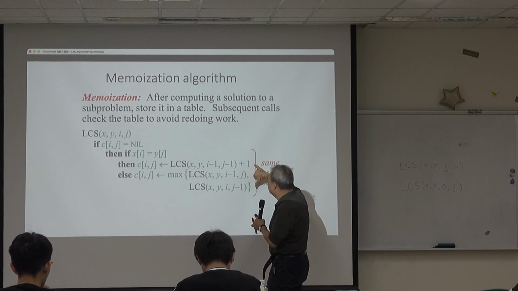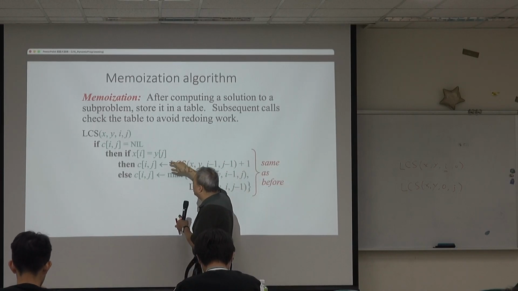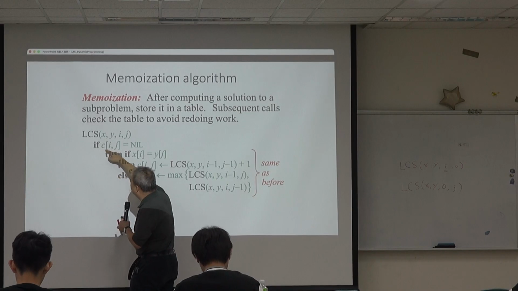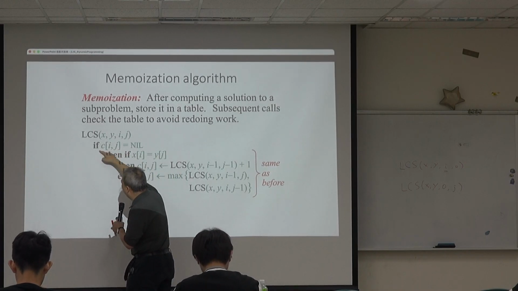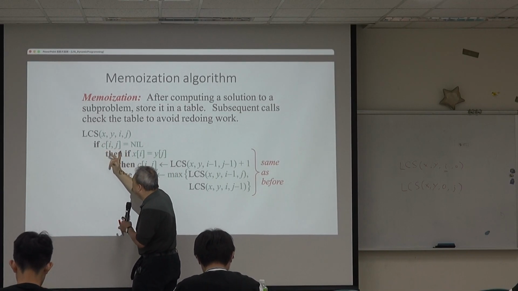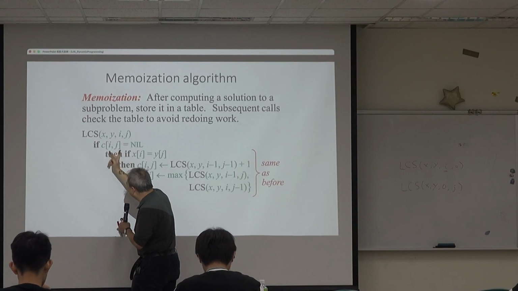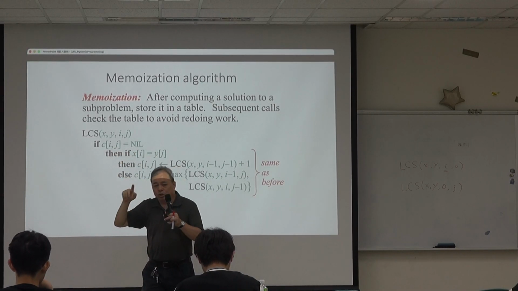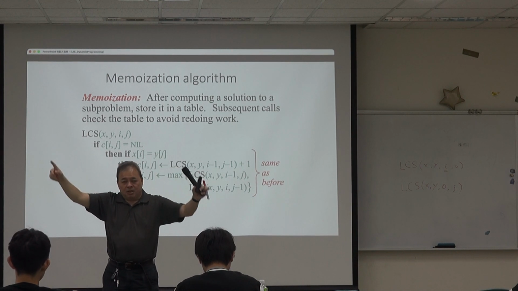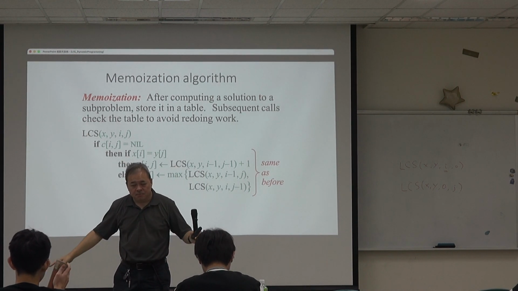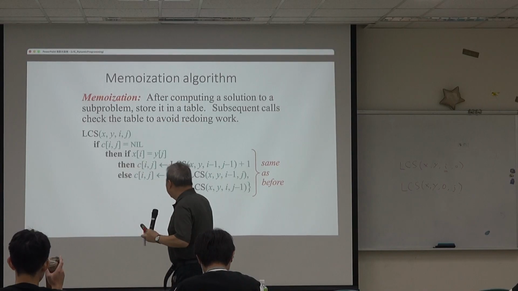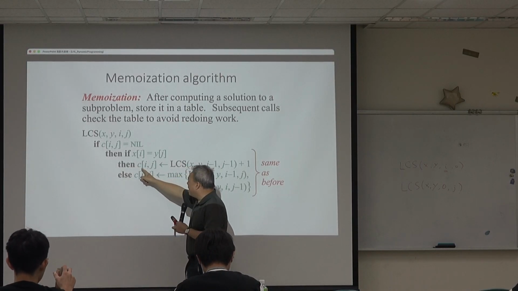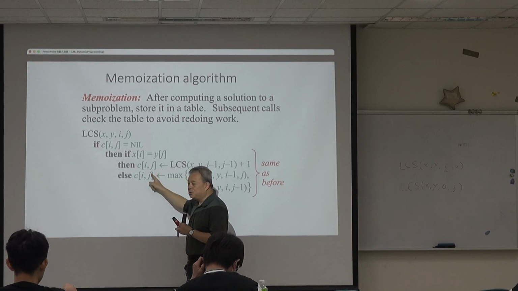The only thing is you check if this combination has been done or not. You keep this table of size n times n, and when you call this recursive call, it will fill out this table for you, right?